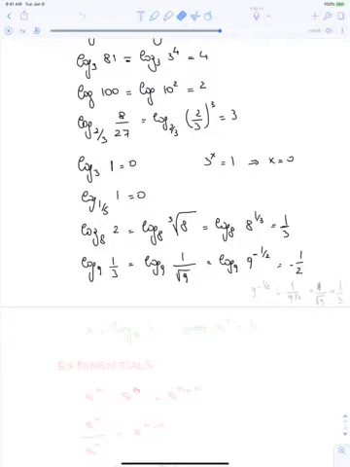Indeed, if you compute 9 power minus 1 divided by 2, you get 1 divided by 9 power 1 divided by 2, which is 1 divided by the square root of 9, which is 1 divided by 3, which is exactly the argument.